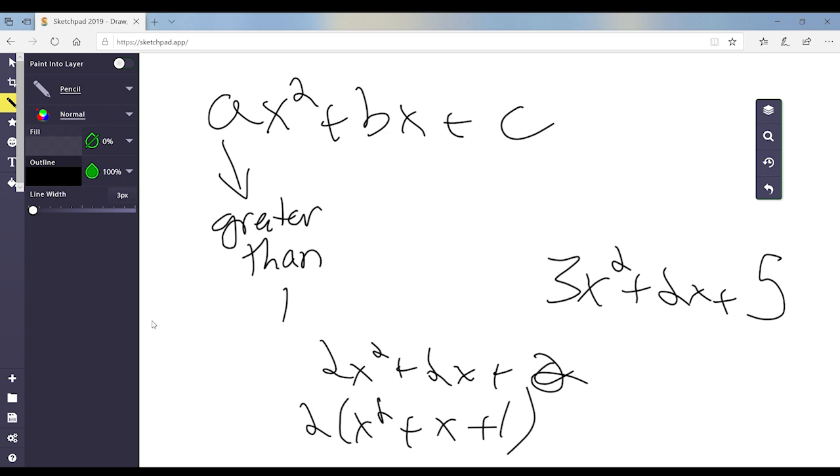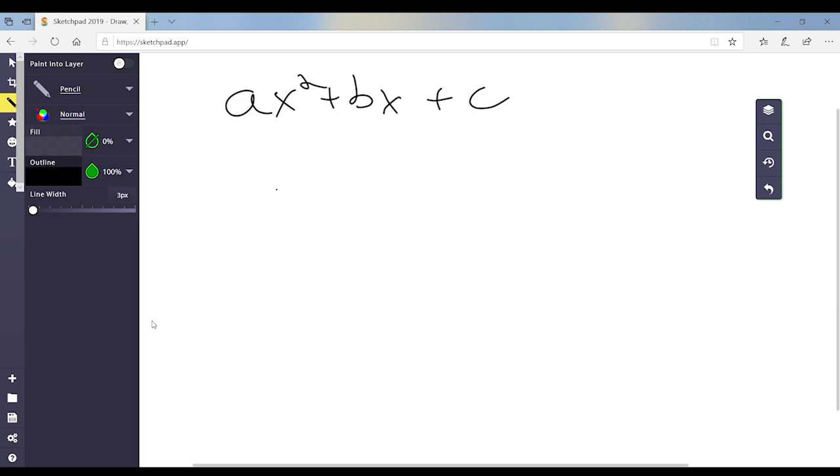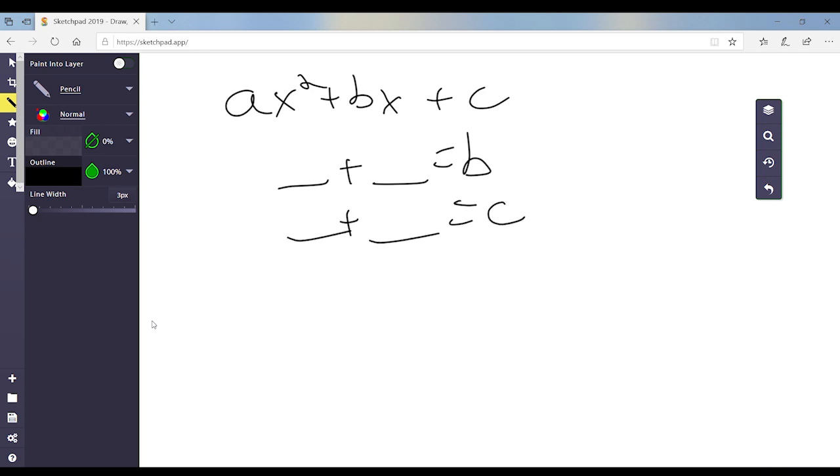So there must be some sort of way to factor a polynomial where a is greater than 1 and you can't factor anything out. Well, there is, and it's much simpler than you might think. Okay, so if we have ax squared plus bx plus c, if you remember from decomposition, where you went what plus what equals b, and what times what equals c, and you have to find two numbers.